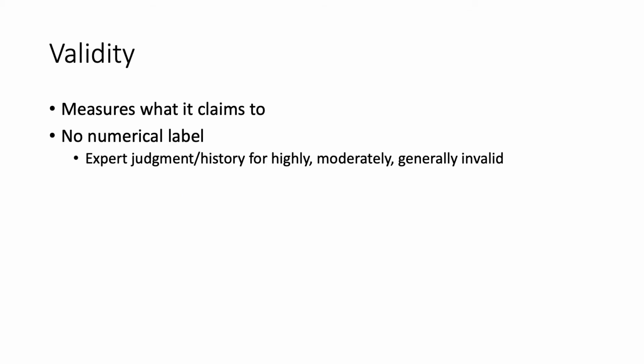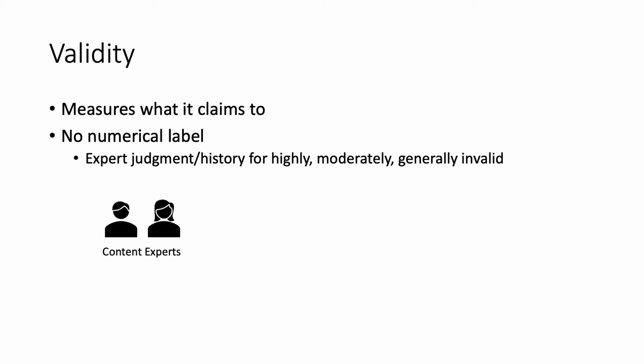So validity measures what it claims to, but it has no numerical label. It isn't measured between 0 and some number the way that reliability is. Instead, validity relies on an expert judgment. And it's usually classified as highly valid or generally invalid.